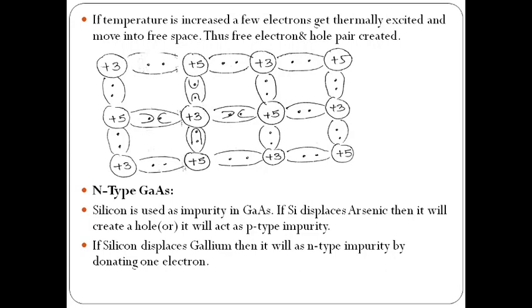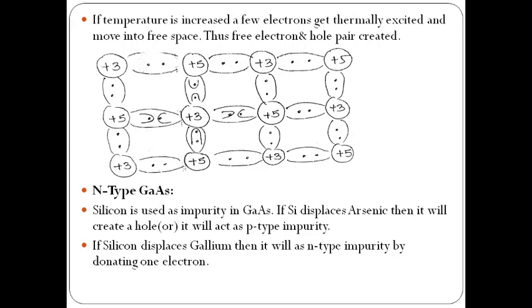But the gallium arsenide compound itself acts as a semiconductor material. To make the n-type material, we use silicon as an impurity material. If silicon displaces the arsenic, then it will create a hole and act as a p-type material. Otherwise, if silicon displaces the gallium, then it will act as an n-type material.